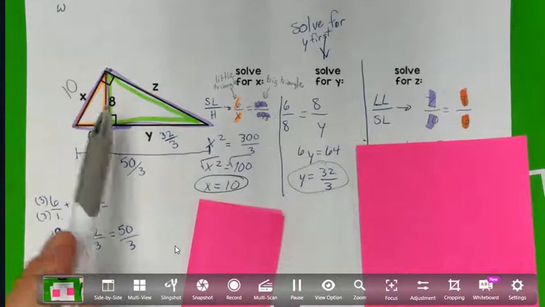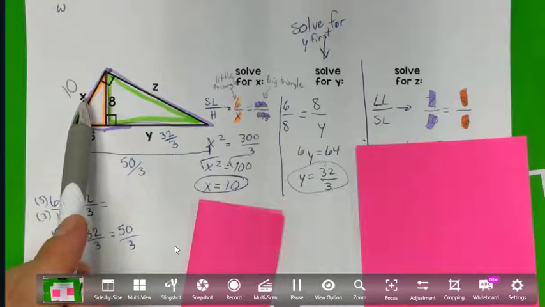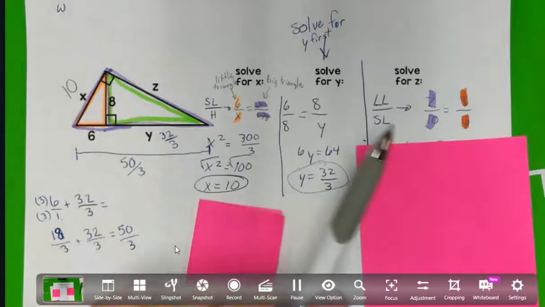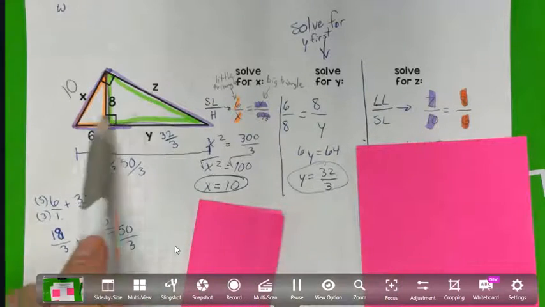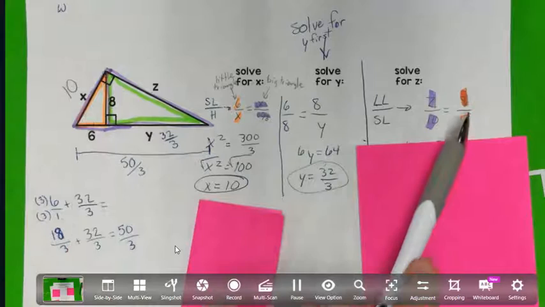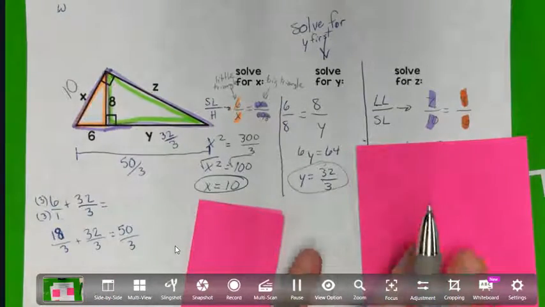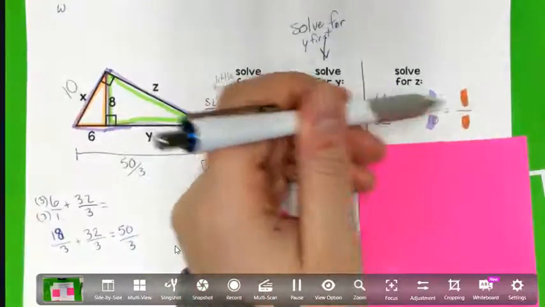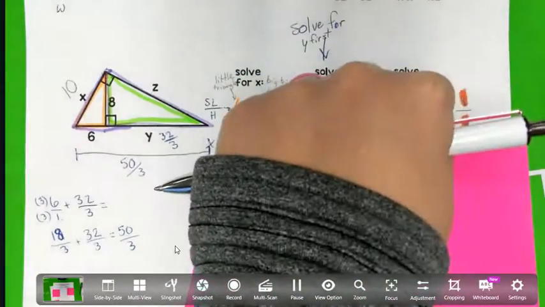So for my purple triangle, my long leg is z over my short leg, which is 10. For my orange triangle, long leg is 8, short leg is 6. So just make sure that both of the long legs are on the same side. For this example, I have them on the top.